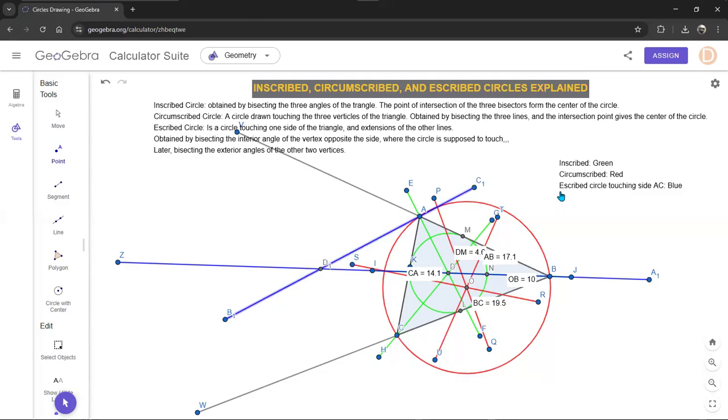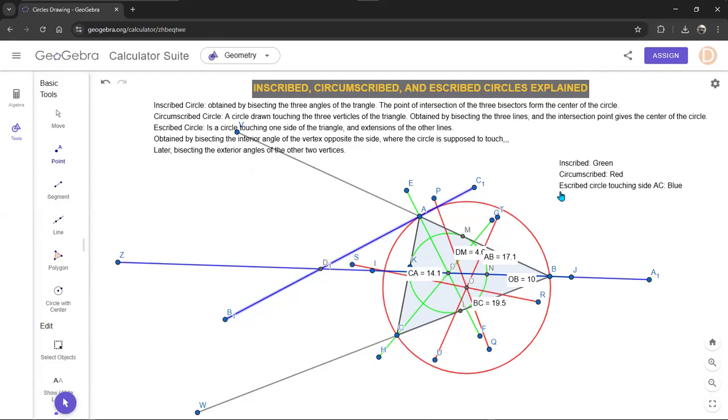And now I want us to bisect the other exterior angle at C. You may ask yourself, at the other vertex, which is C, the interior angle, which is it? Because you need to have a clear understanding of the angles.